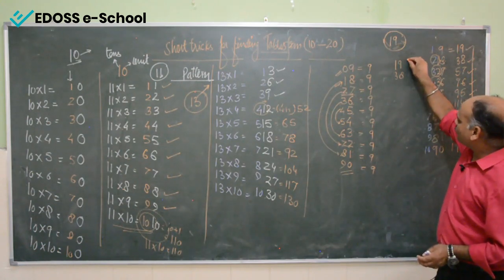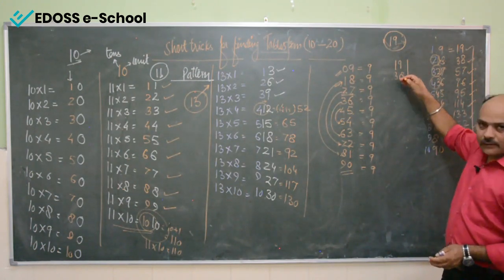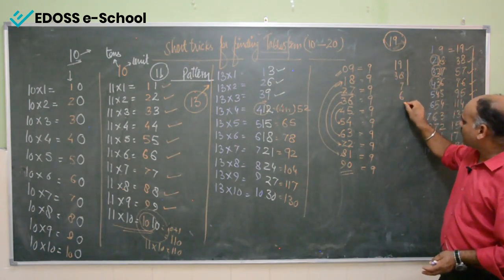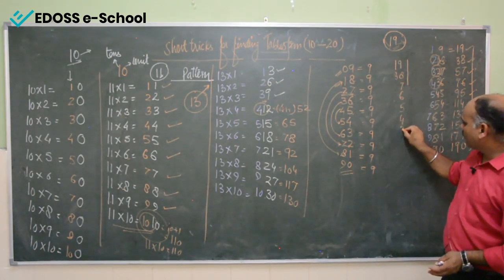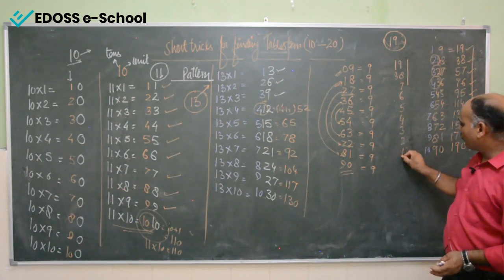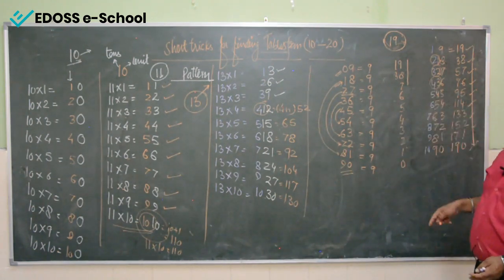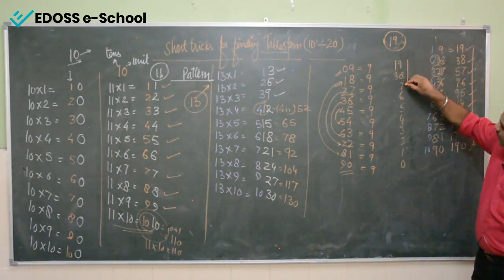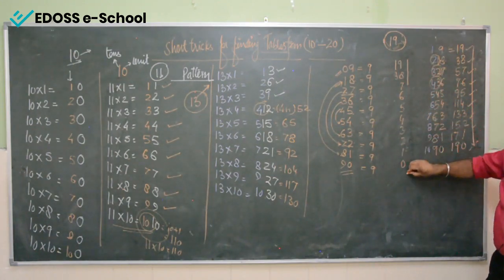That means first you have to write the numbers down, similar to the 9 table: 9, 8, 7, 6, 5, 4, 3, 2, 1, 0.